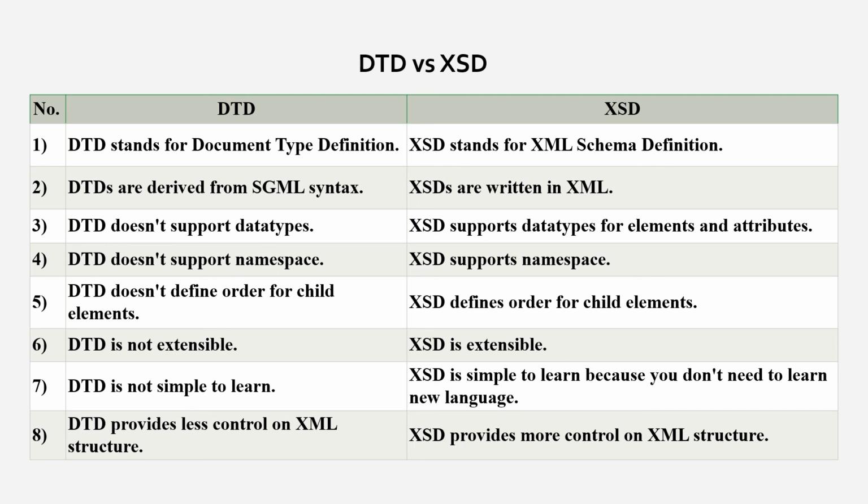DTD does not support data types; XSD supports data types for elements and attributes. DTD doesn't support namespaces, whereas XSD supports namespaces. DTD doesn't define order for child elements, whereas XSD defines order for child elements. DTD is not extensible. XSD is extensible.